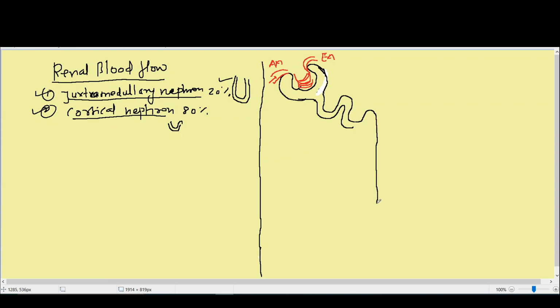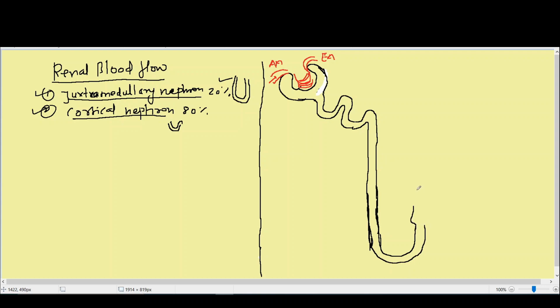This is moving in the downward direction, into the medulla, getting deeper and deeper into the medulla, and then it starts moving towards the upward side.